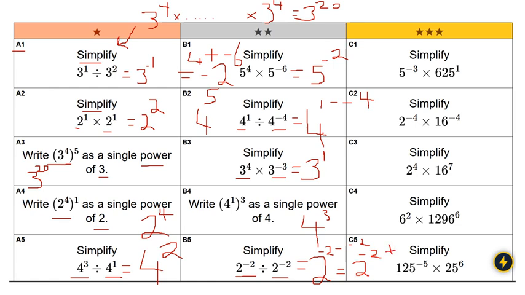Something quite special happens when I have a power of 0: any number or term to the power of 0 is always equal to 1.